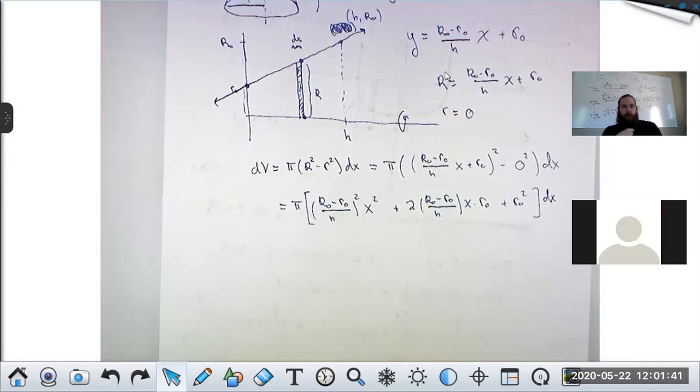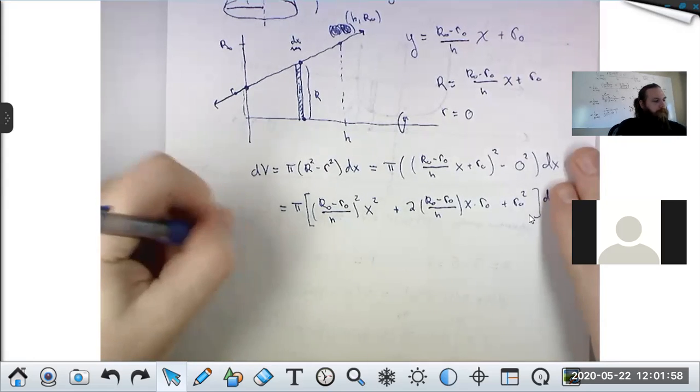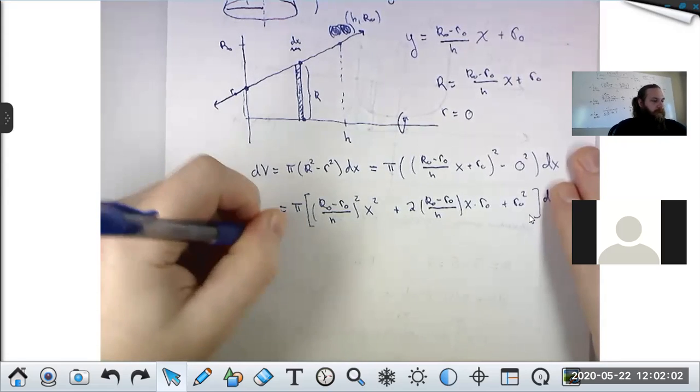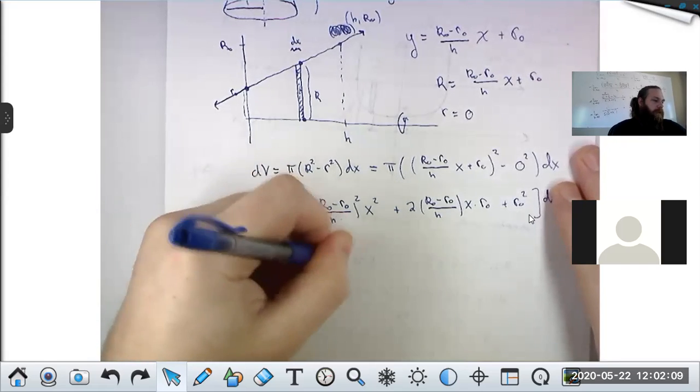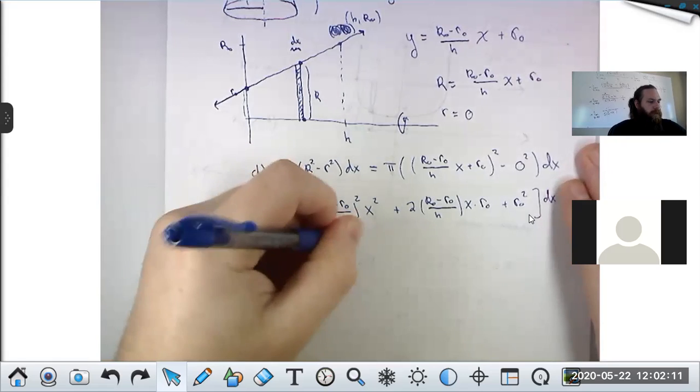So the next step I wrote, I just FOILed this piece out. So I get this first chunk all squared, plus 2 times the first chunk times the second chunk, plus the last chunk all squared. And then we'll integrate. It's going to be the integral from 0 to h of dV, which is pi times the integral from 0 to h of all that.